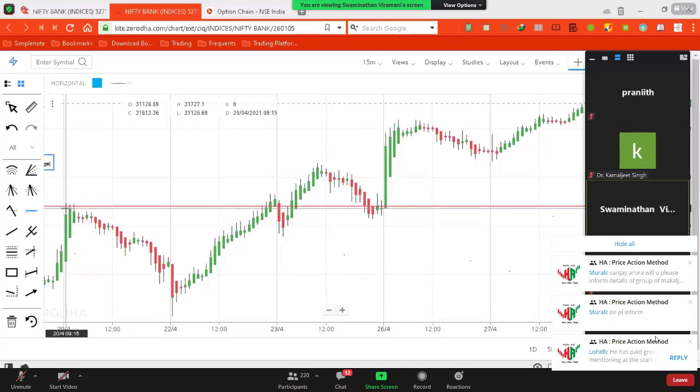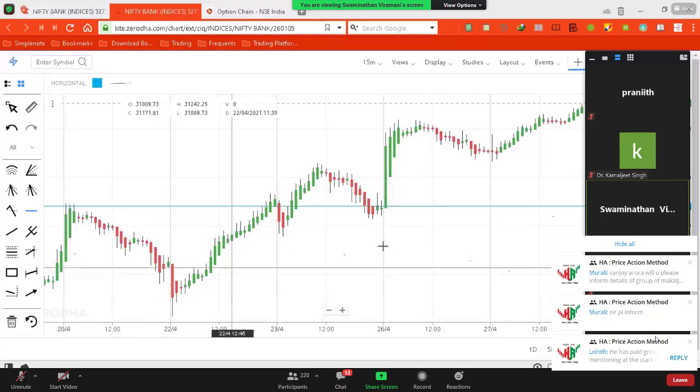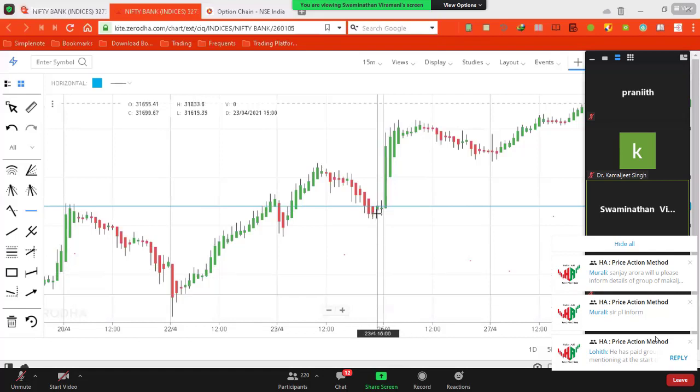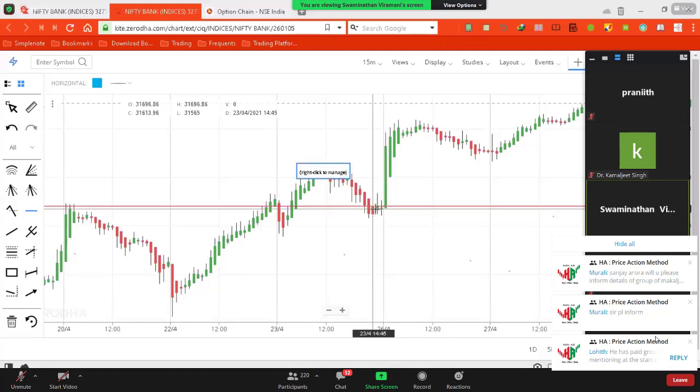Was this a resistance which has turned into support, right? I know that at a key level, buyers have started coming in and there is all the chance of a price reversal.